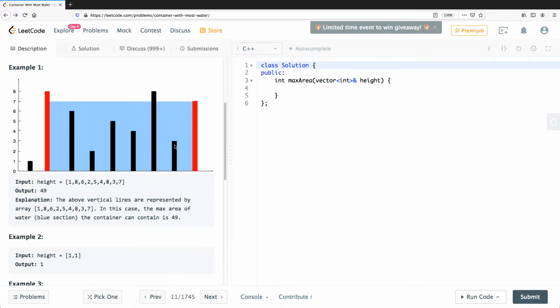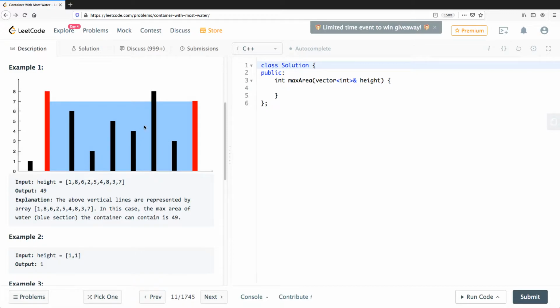If I take, for example, this rightmost and this leftmost, it most likely is not going to be the case, because as you can see, this is 3, and if you take from here 1, 2, 3, 4, 5, 6, it would only be 18, right? So that's not a good combination either. That's not the max area.